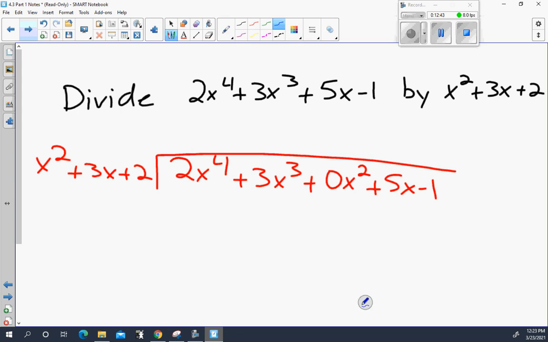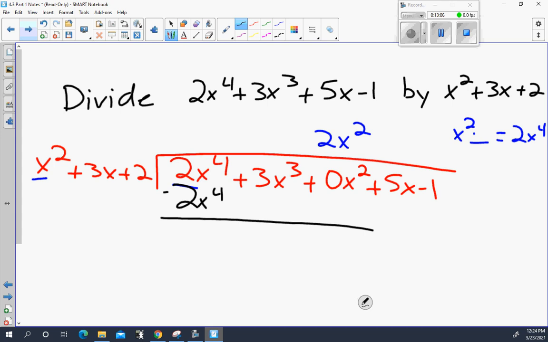Same process. x squared, 2x to the 4th. How do I get from x squared to 2x to the 4th? You should say 2x squared. 2x squared. That will get me 2x to the 4th. Again, now I have to multiply. What's 2x squared times 3x?